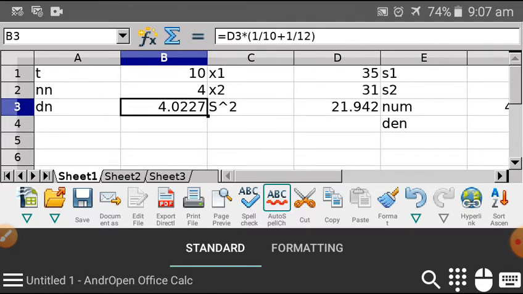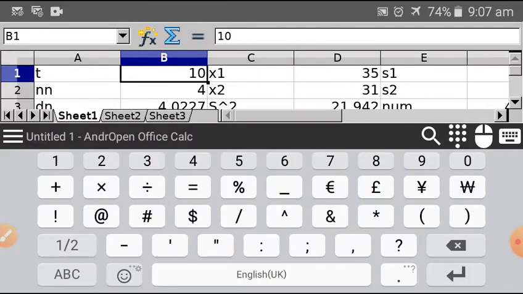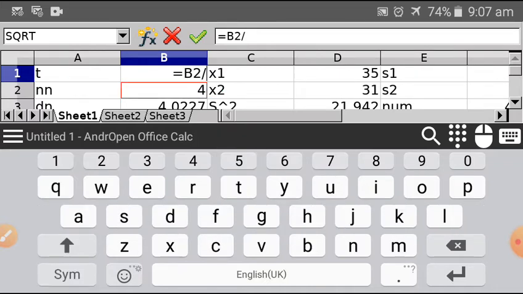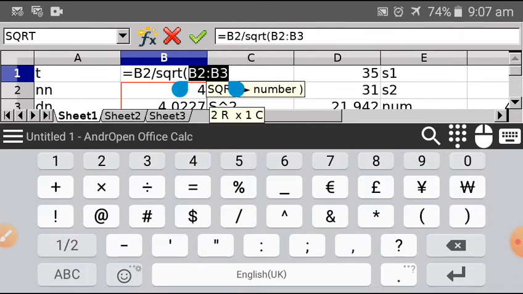If I verify the formula, it's saying d3. D3 means we have s square into 1 by n1 plus 1 by n2. So now t is equal to the numerator divided by the square root of the denominator.